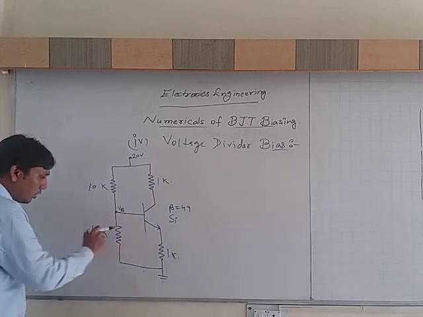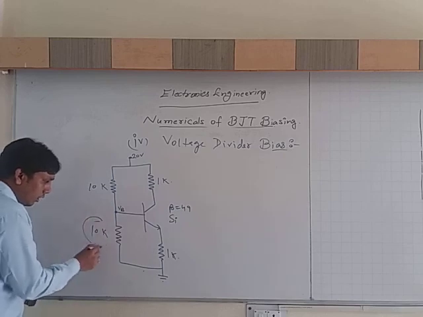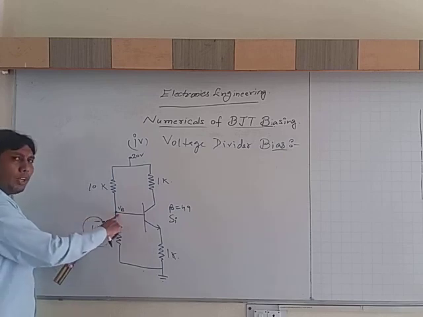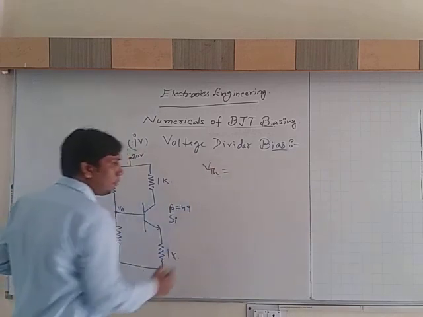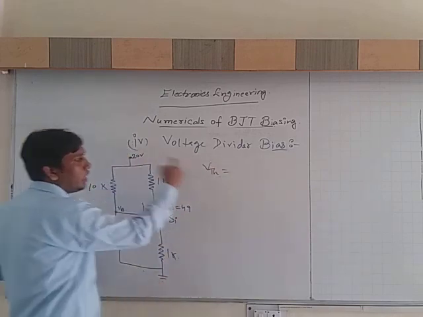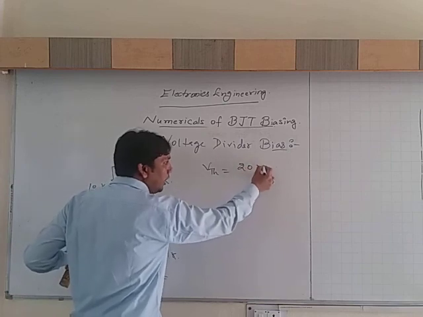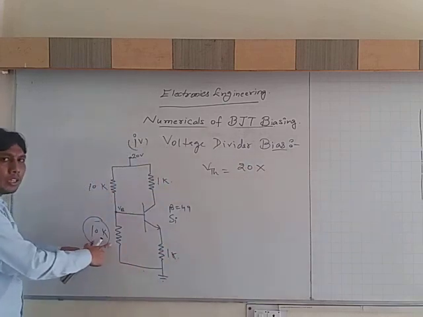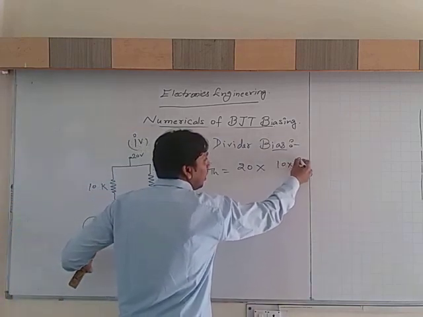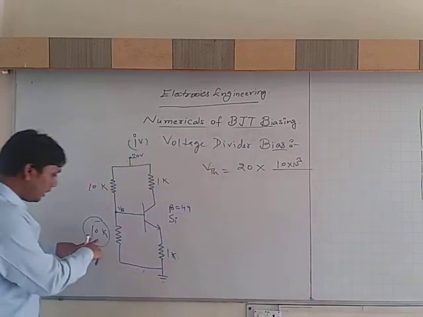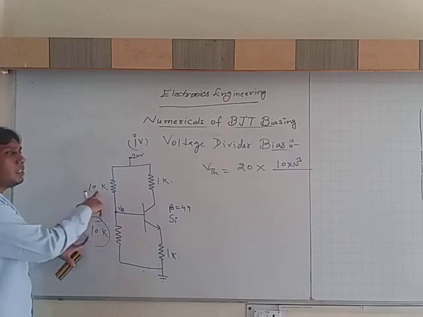The voltage across this resistance will be the Thevenin voltage. Hence, the Thevenin voltage VTH will be the supply voltage, that is 20, into the resistance, that is 10K, upon this resistance plus this resistance.